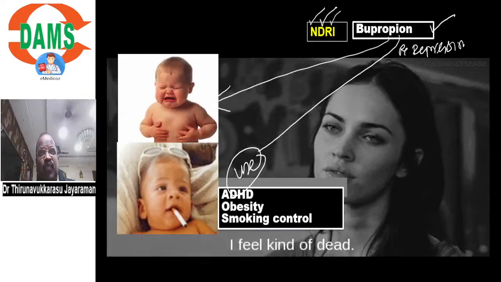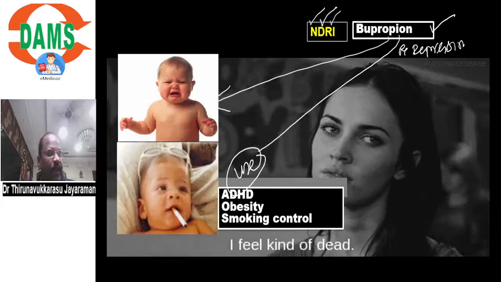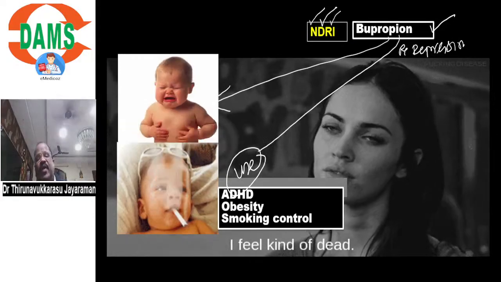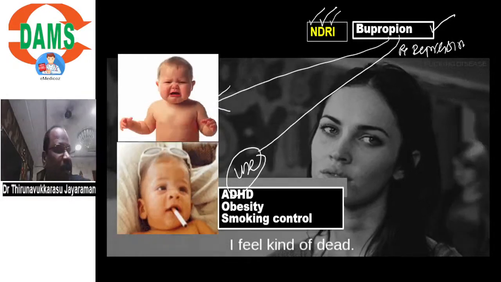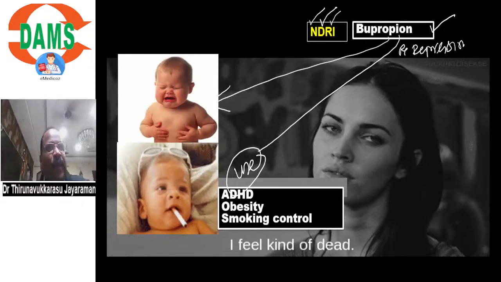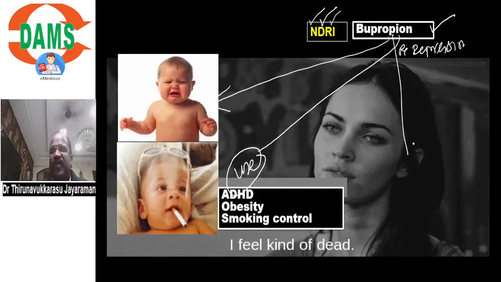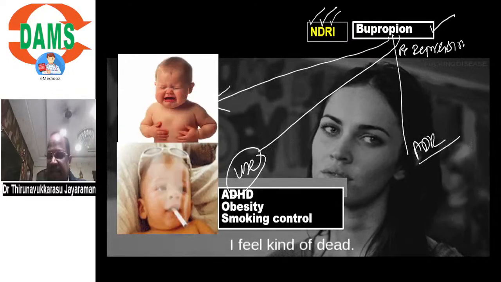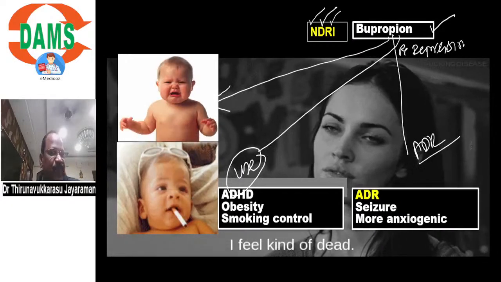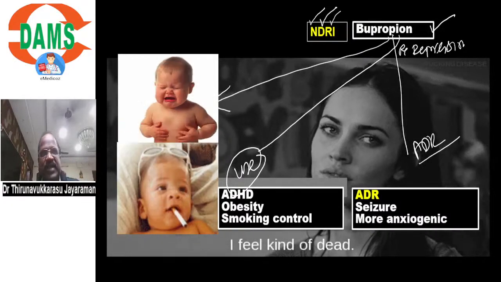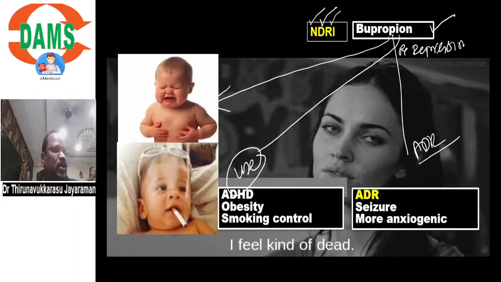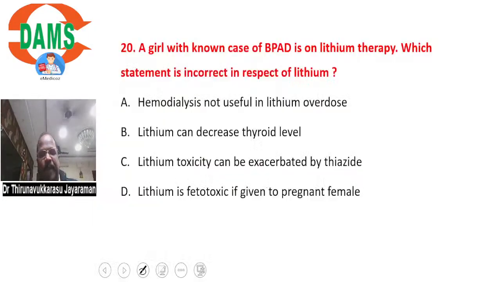It is also useful in ADHD management, also useful for managing obesity. It causes weight loss, useful for treatment of obesity. The adverse effects of this drug may be anxiety and seizure. Anxiety problem and seizure problem. So in your question, the answer will be bupropion.